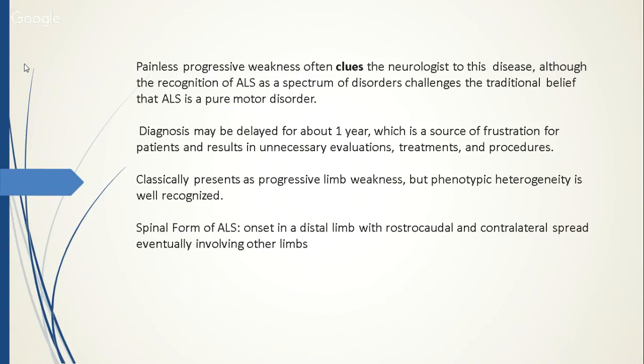So by the time they've been seen by many physicians, a year or two has already passed. But classically, it will show progressive limb weakness, as well as the spinal form of it, which is a rostrocaudal spread, initially in one limb, then it goes to the other limb, and then it starts involving the others as well.